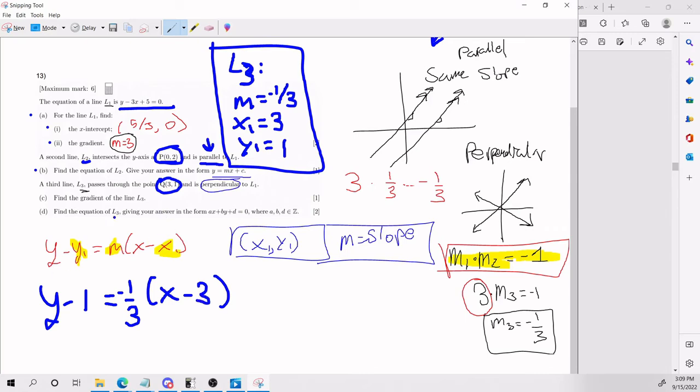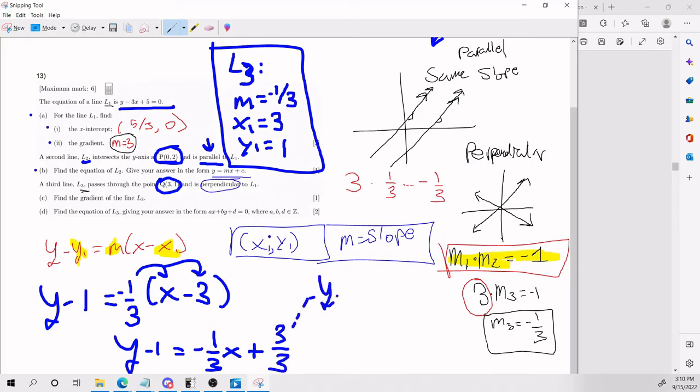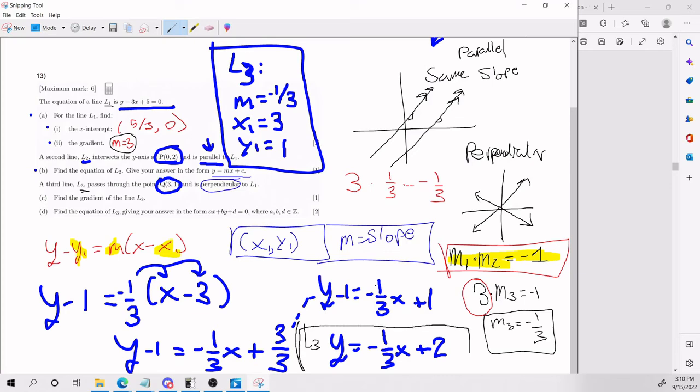I'm going to distribute first on the right side. y minus 1 equals -1/3 x plus 3 over 3. y minus 1 equals -1/3 x plus 1. y equals -1/3 x plus 2. I did plus 1 to both sides. So this right here is L3.